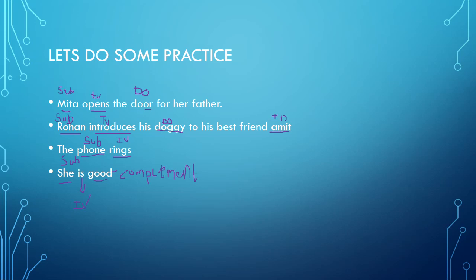In the phone rings, you see that the subject is phone, but you don't have any object. On the phone, is someone speaking? Who left the phone? Nothing, right? You only have the subject and the verb.